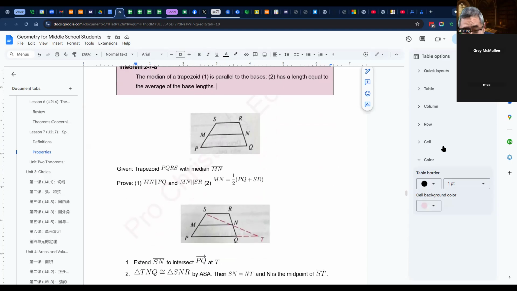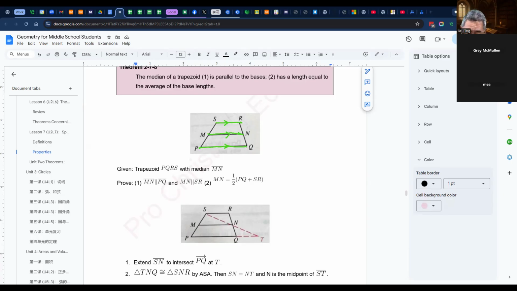Well, let's see. Look at the first one. They said the median is parallel to the bases. So this median is parallel to here, and we know the two bases are parallel to each other. So if the median is parallel to this base, it's automatically parallel to the other base.